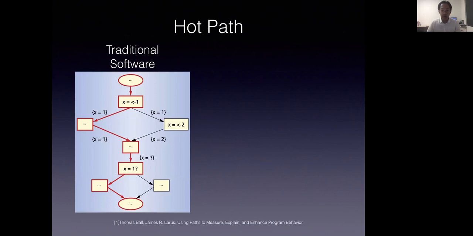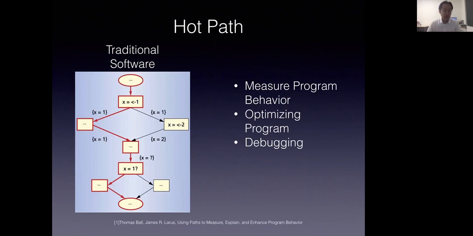We got this idea from traditional software development. When we look at traditional software, both program analysis and program optimization always use the idea of a hot path, which is a sequence of frequently exercised basic blocks. This type of information extracted from runtime can help make programs run faster or contribute to debugging the program.